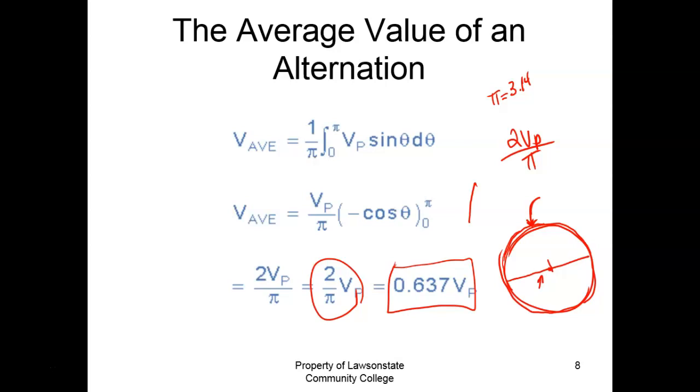Sometimes you'll use 0.637, sometimes you'll use 1.414, sometimes you'll use 2.82 to rearrange the formula. So 2V peak over pi works all the time. And that gives me the average DC value of an alternation.